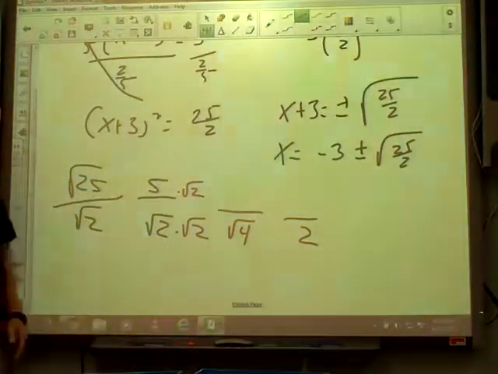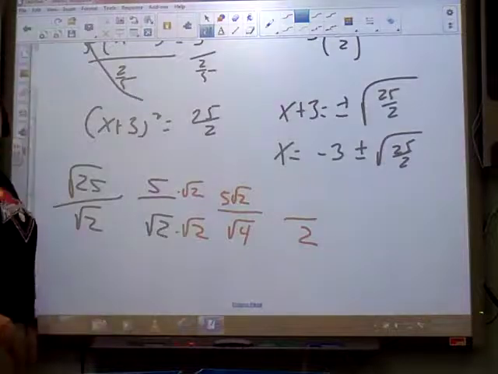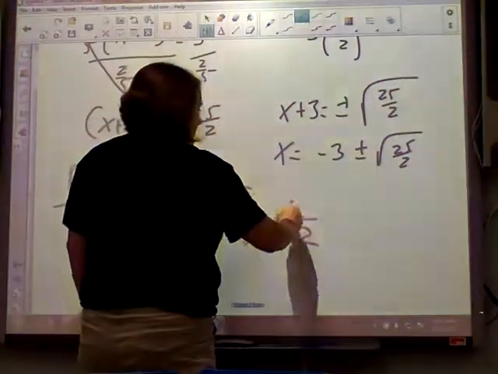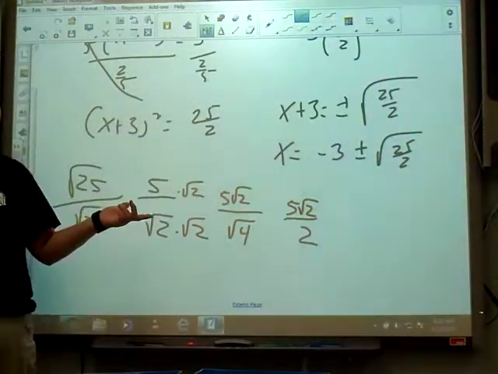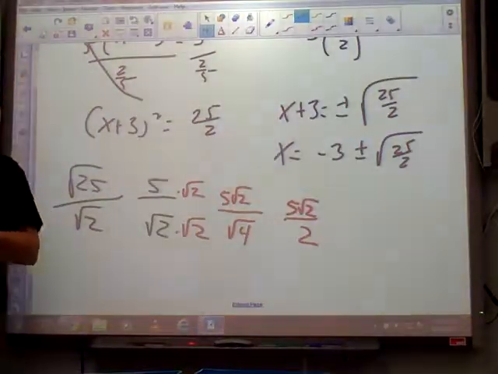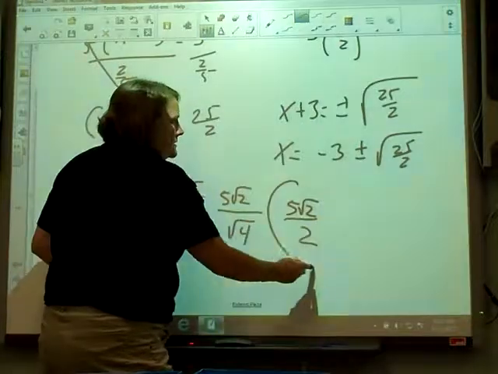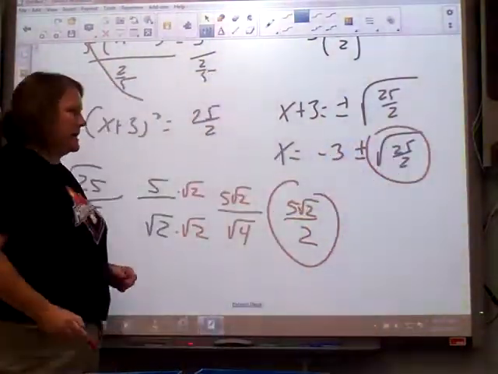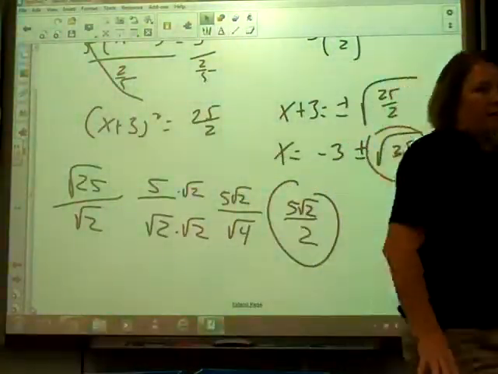So on the top, I've got 5 times the square root of 2. Can I leave that as my answer? Yes, you can have a radical on top. It's on the bottom where you can't have it. So I just got to rewrite my answer now, all nice and prettied up.